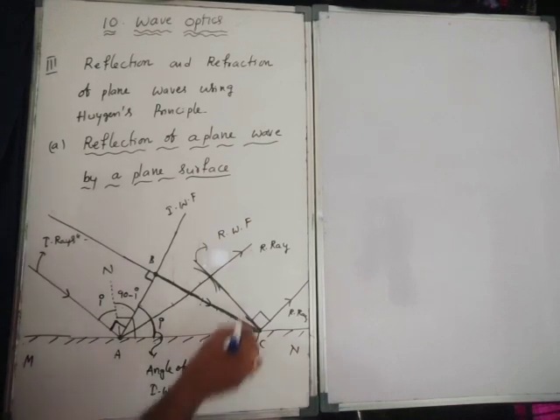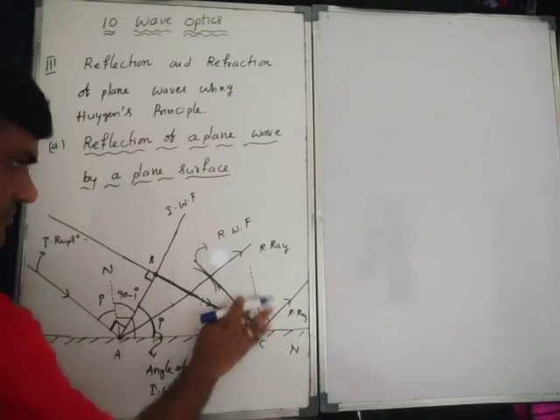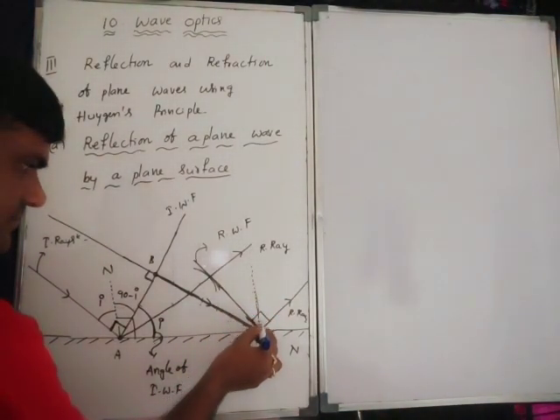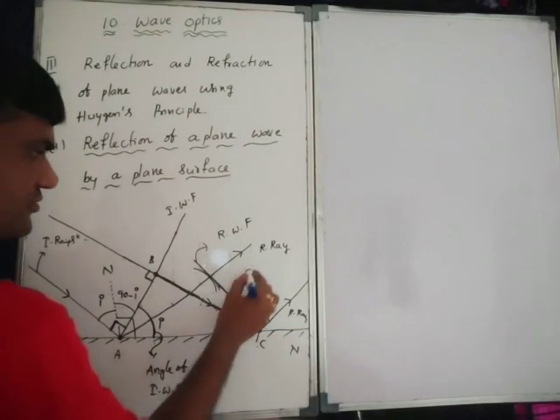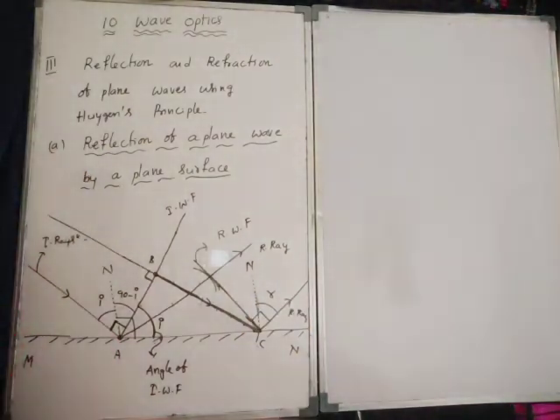Similarly here also I can draw the normal. Now this is the angle of reflection.